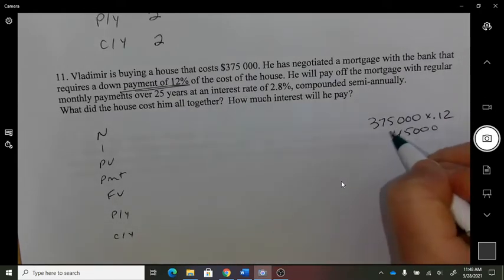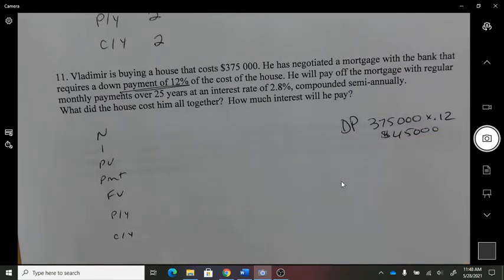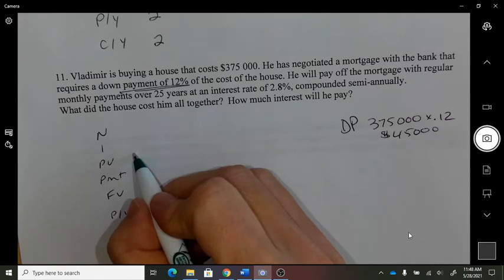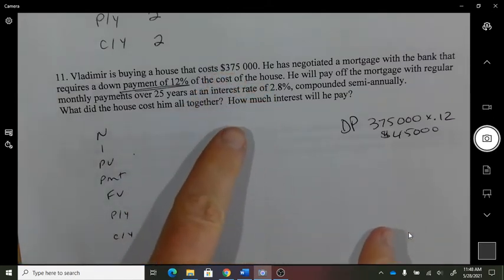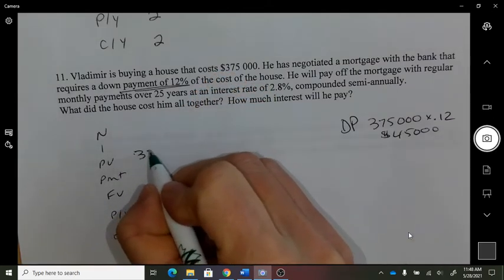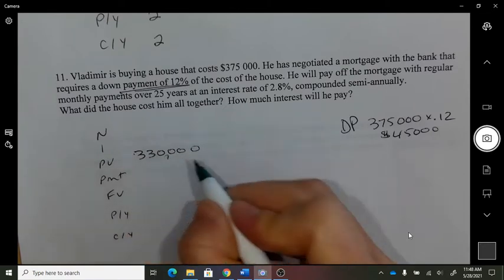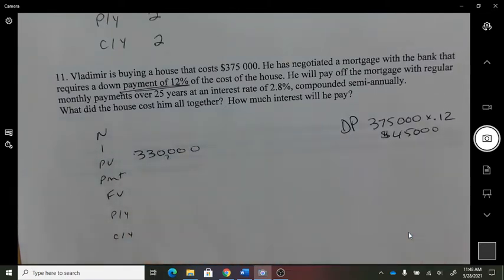So $45,000 is our down payment. So on the first day, that's how much money you've got to take out of your pocket. Which means my loan is going to be the subtraction of that. So I only need the bank to give me this much money because I had 45 of my own money.